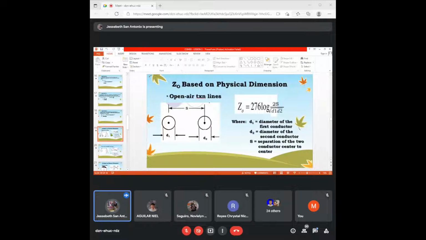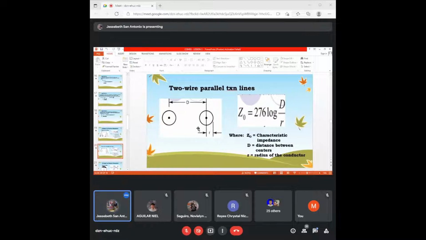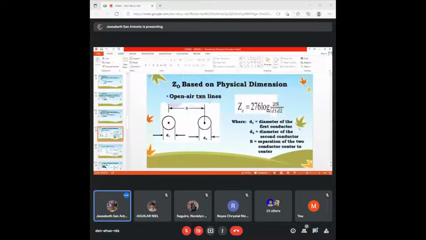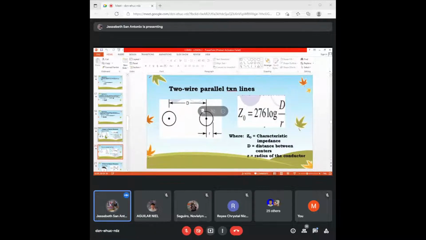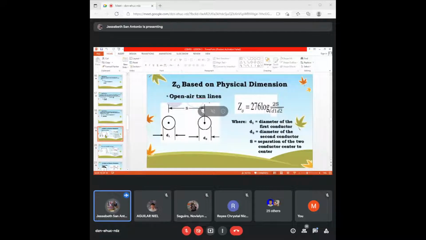Parehas lang 2s over the d. Kasi 2s ay kung isang s lang, s lang yan, ay di dapat radius lang. You may use this or you may use this one. Parallel wire lines, no? Parallel wire lines.